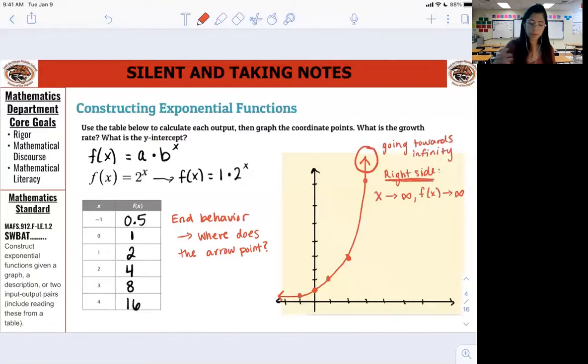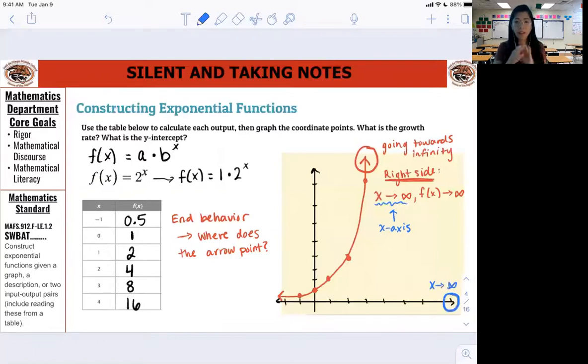So there's two parts to this statement, okay? It says, as x approaches infinity. That part is talking about the x-axis. Which side of the graph am I on? The right side or the left side? The right. I'm on the right side. On the right side of this coordinate plane, the x-axis is going towards infinity.